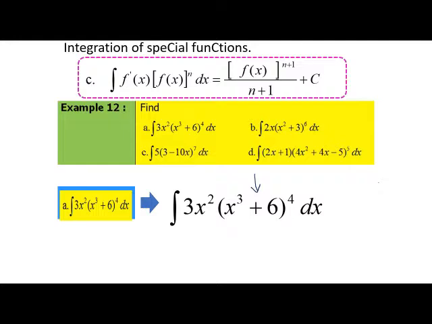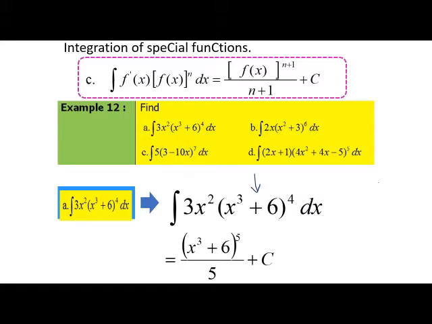So in this case, we may let x cubed plus 6 here as our f(x) and 3x squared as our f prime x, and 4 here is n.